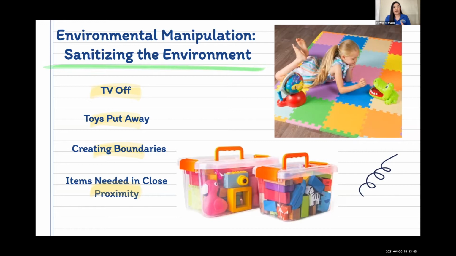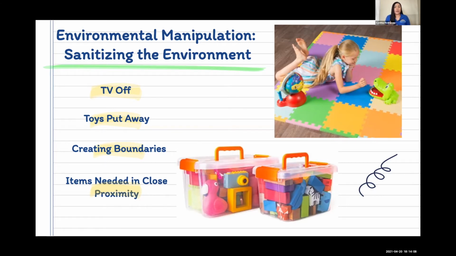Because if the child, for example, is distracted by the TV, and then we try to bring them back to whatever activity we are trying to do with the child, then that could trigger a behavior because at that moment, the TV might be more motivating than the actual activity that we are trying to do with our child.